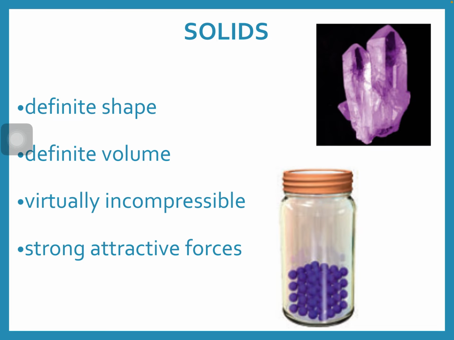Here the intermolecular forces are very, very strong. Even when we're talking about something that is maybe a gas at room temperature, if we are at a much lower temperature where that particular substance is a solid, at that point the forces between the particles would be strong. So for any substance, when it is a solid, there are very strong attractive forces between the particles that hold them near each other.